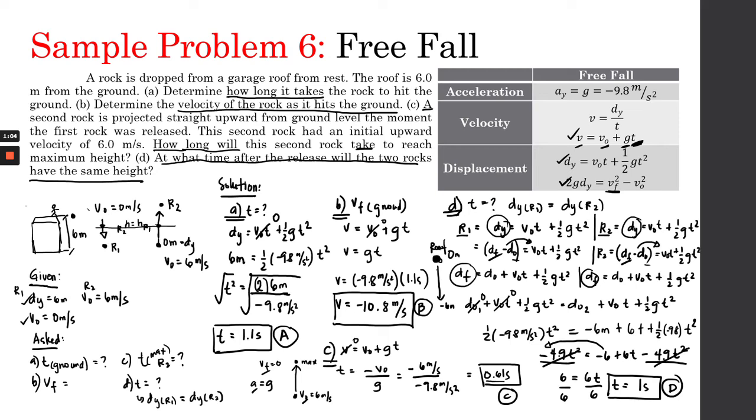Rock 2 already reaches the maximum height at 0.61 seconds. So after 0.61 seconds it reaches maximum height, and it starts to fall back. At about 0.39 seconds after it reaches the maximum height, it is equal to the height of rock 1.